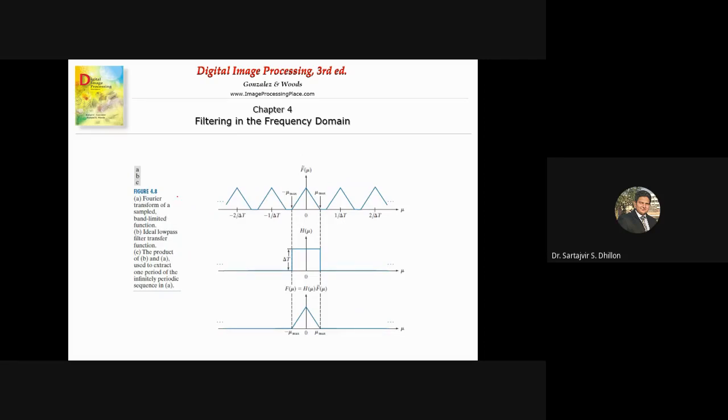And yes, this is the Fourier transformation in sampled form. There is a required format for the sampled form, and we can pass the signals with the help of an ideal low pass filter. As you already know from analog and digital communication, in order to convert the analog signal into a digitized format, there is a requirement for a low pass filter.